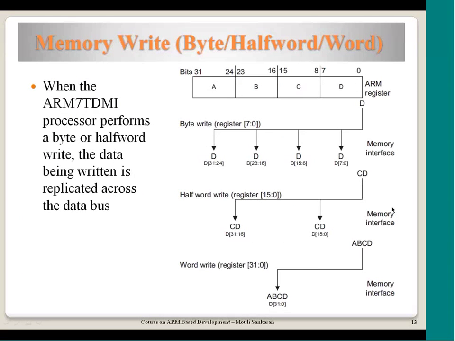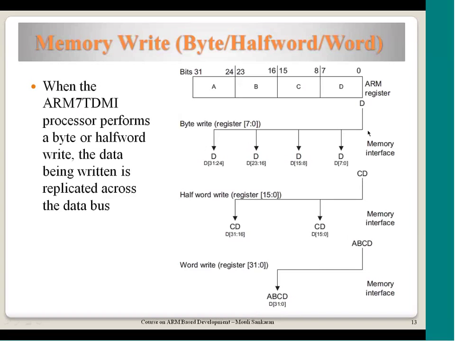Now let us see what happens when a memory write is performed. This shows that the LS byte is coming to the LSB of the data bus. So this is little endian mode. If it is a word write, the data comes on all the 32 bits of the data bus.